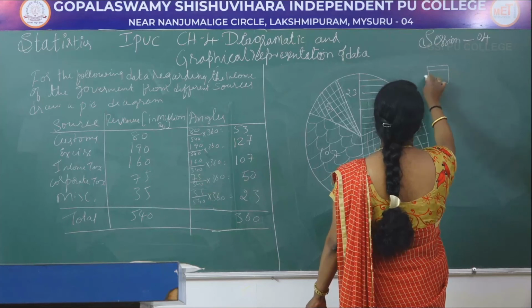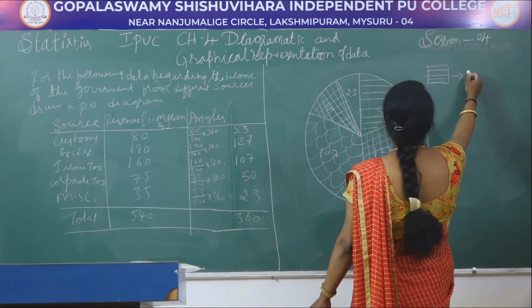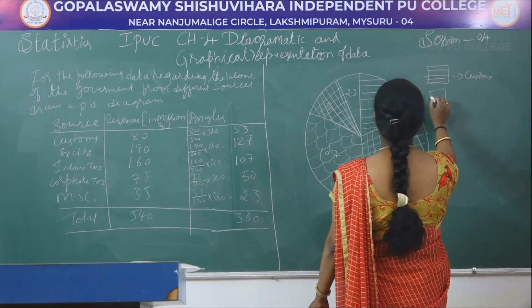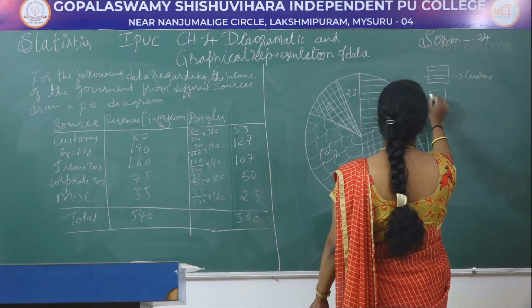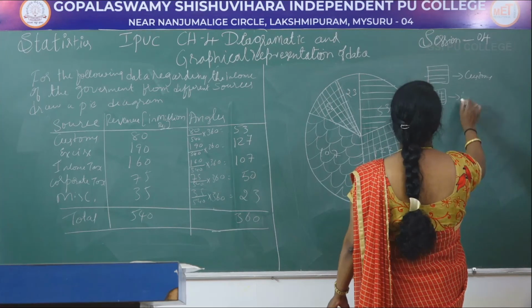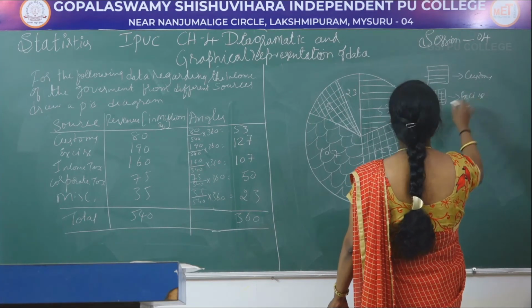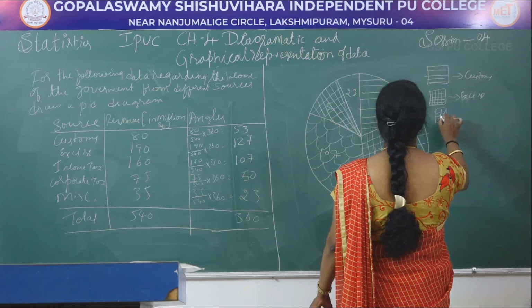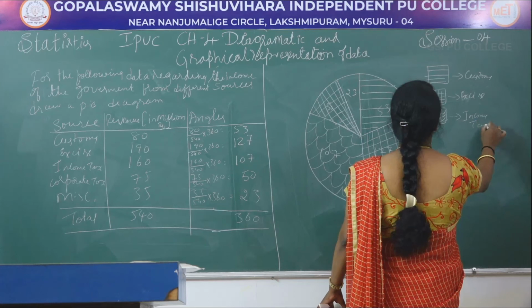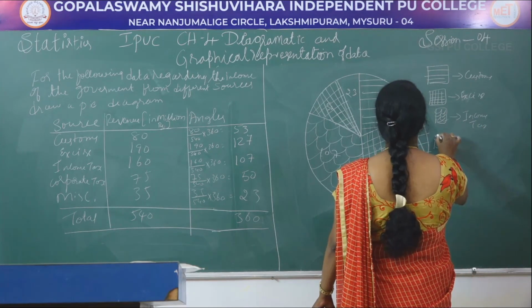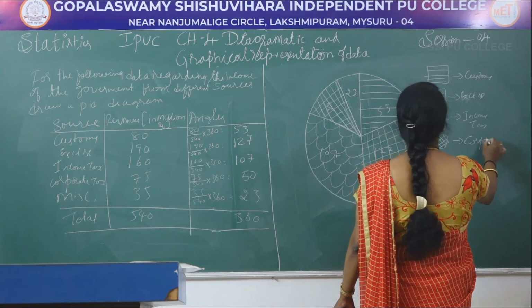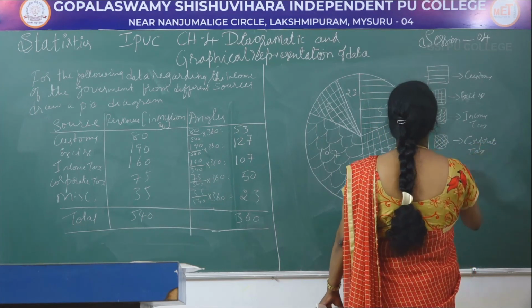Next I should write this in the index. This index is customs. Second one is exercise. Next, income tax. Last one is corporate tax.